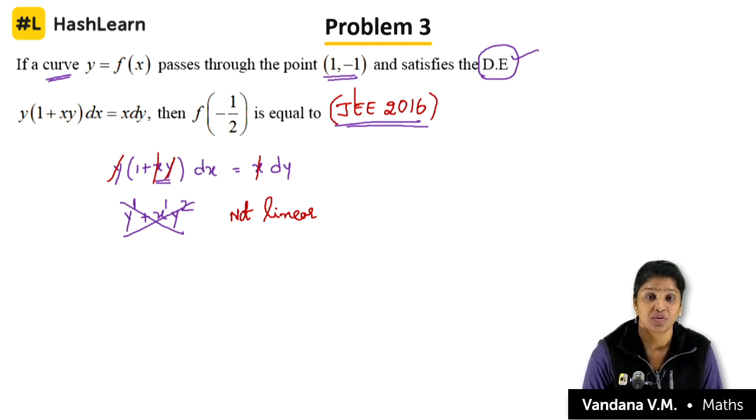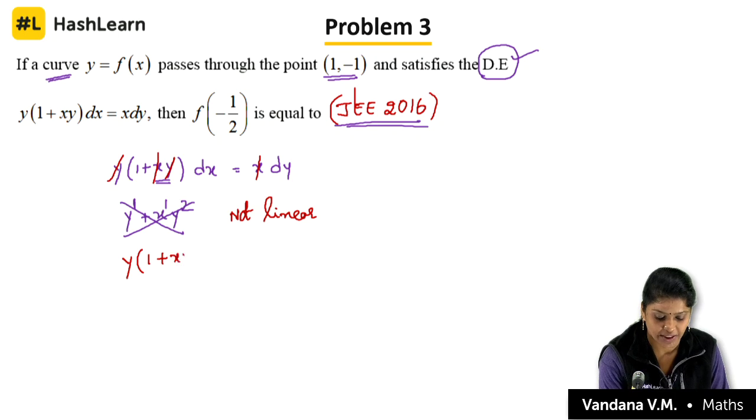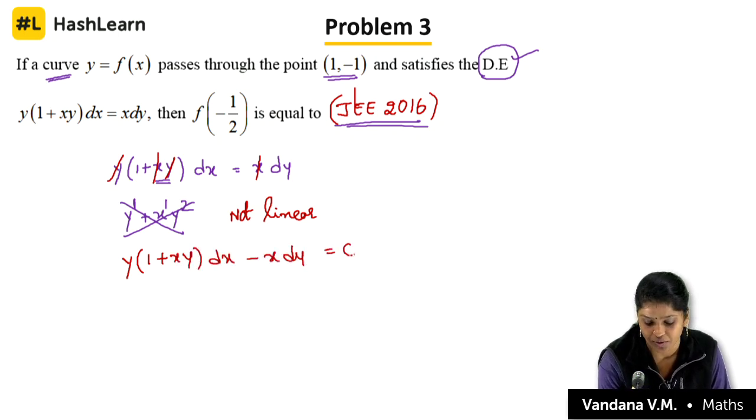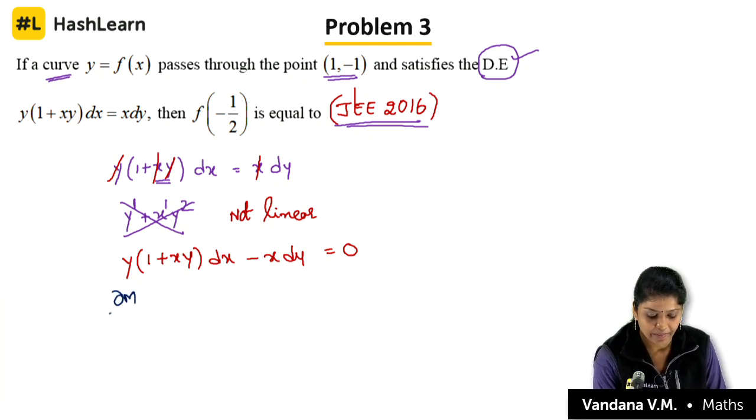Next, the last one. We have only one method left out, that is the exact differential equation. So y into (1 plus xy) dx minus x dy is equal to 0. Maybe it is an exact differential equation. Let me check. Dou M by dou y with respect to y is 1 plus 2xy.